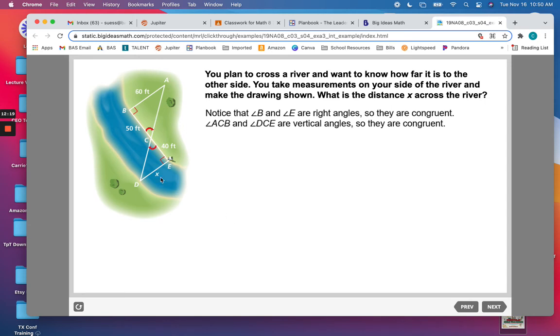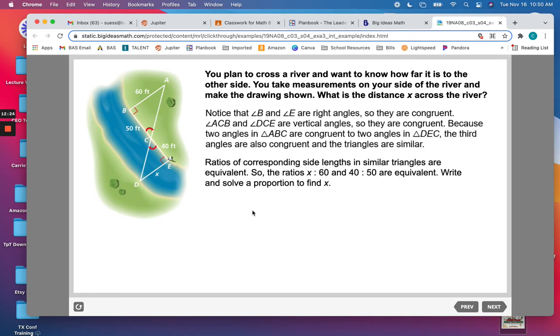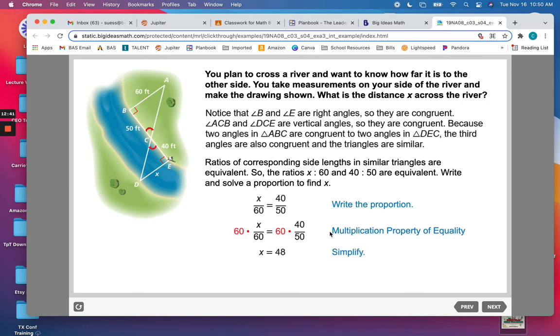Vertical angles, right there. So yes, here's your proportion. 40 over 50 equals x over 60. Cross multiply and divide. 60 times 40 is 2,400, divided by 50. 48.